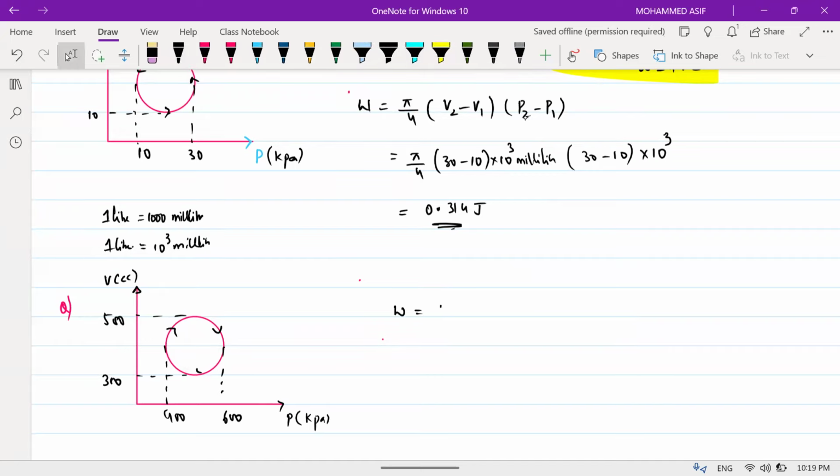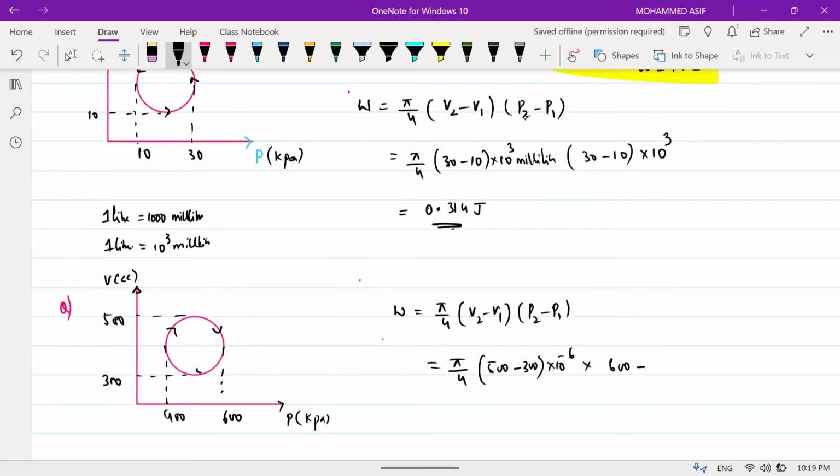So how much was the work done? Work done is equal to pi by 4 into V2 minus V1 into P2 minus P1. So it is equal to pi by 4 into V2 is 500, 500 minus 300 into 10 power minus 6, into P2 minus P1, 600 minus 400 into 10 power 3. Think carefully about the answer.